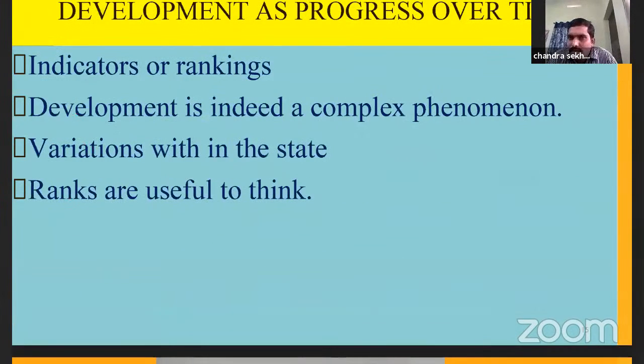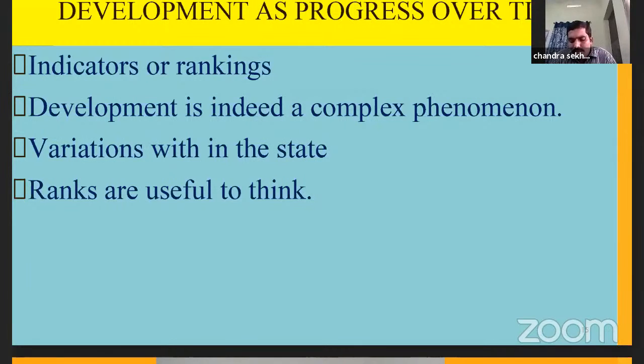So next point is development as progress over time. When we are comparing different countries or states or different things, we come to know so many aspects.